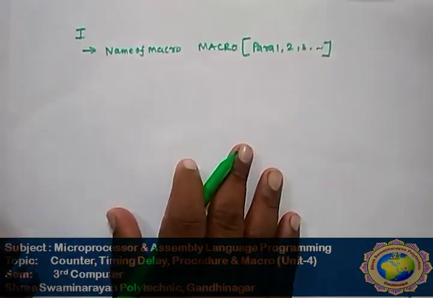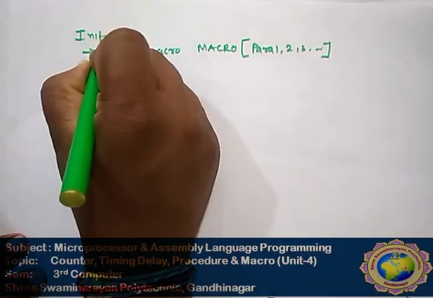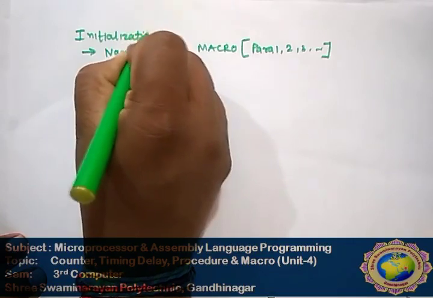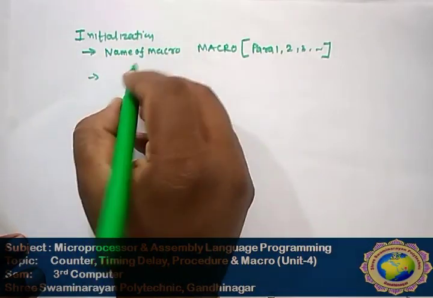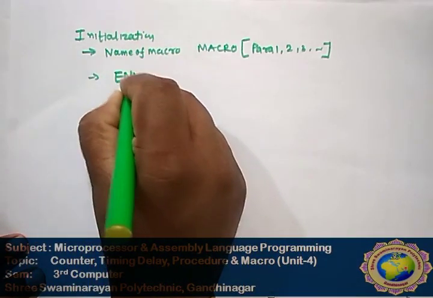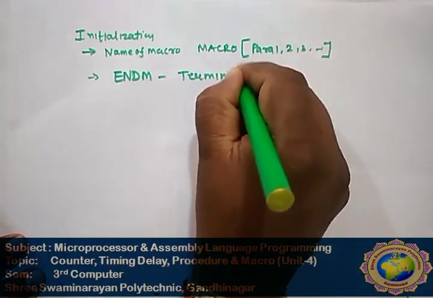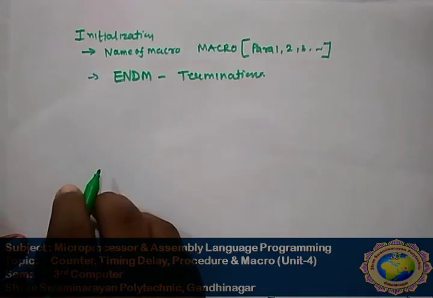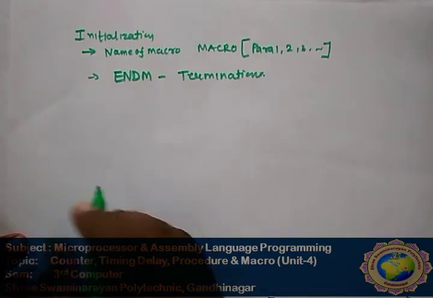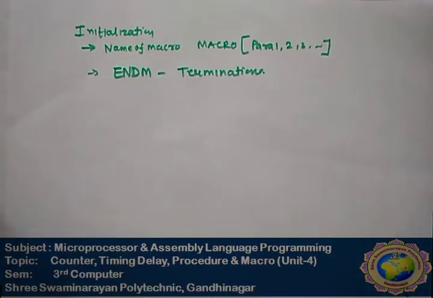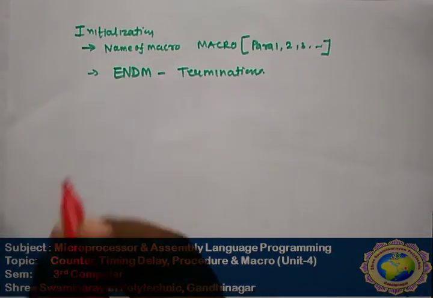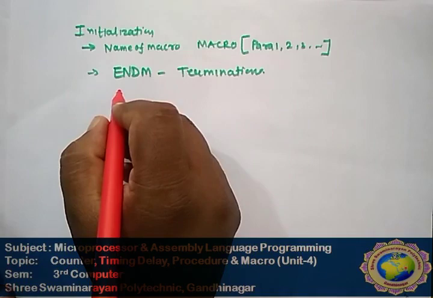This is the initialization. Okay, the termination is where you use ENDM. This is the termination. Suppose I have used here a macro named position, to determine position on the screen.